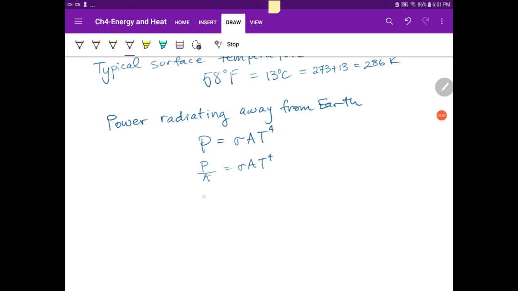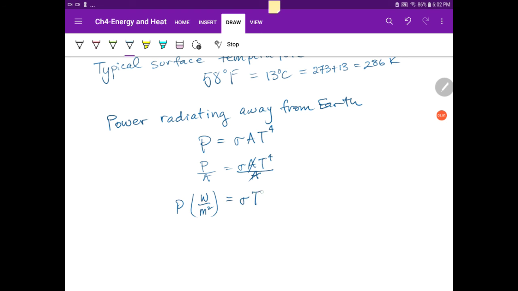So this will end up being watts per meter squared once I solve this. So I'll say power in watts per meter squared is equal to, oh sorry, I didn't divide by A. That A and that A cancel, and I've divided by A on the other side because I have to do on the left side what I do on the right side.